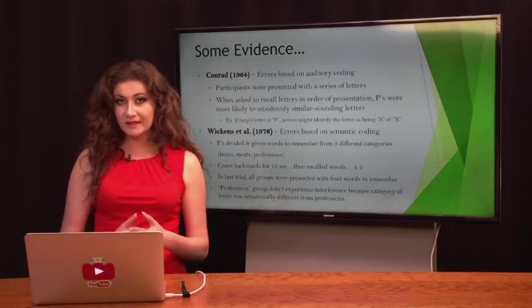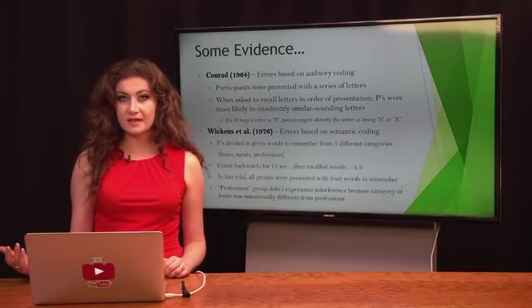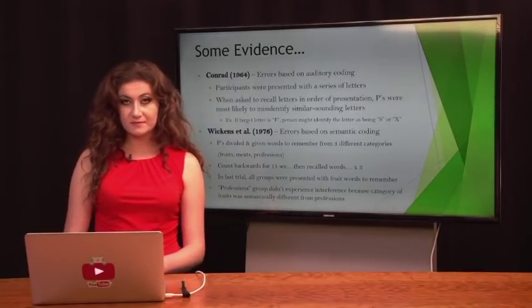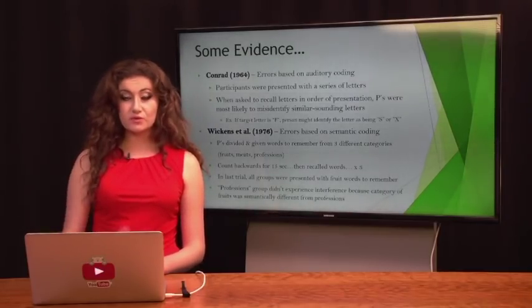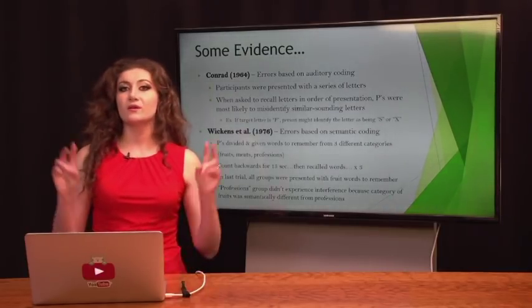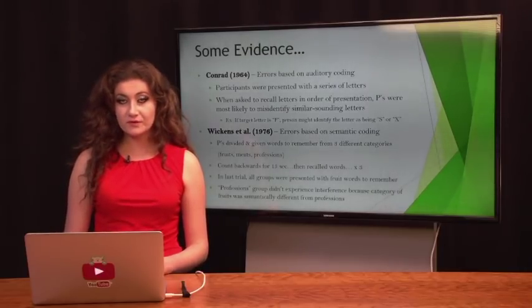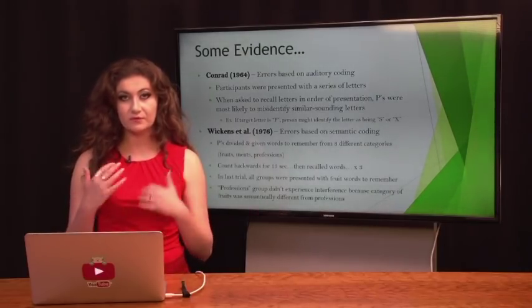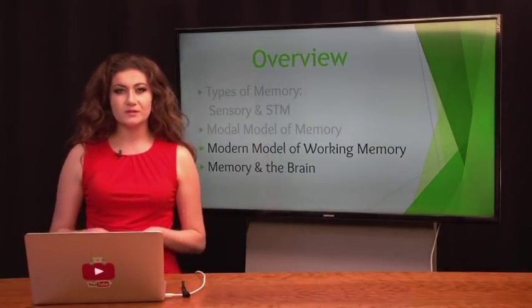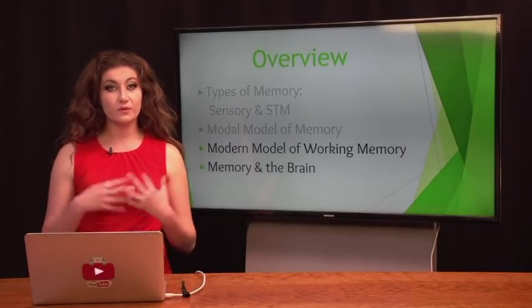So they were more likely to make errors in the words that they actually saw. But people in the professions category that received no such words were much more able to successfully complete this task. And this just goes to show that even when we're trying to memorize a list of words without a lot of controlled processing, the semantic meaning of those words really plays a role in which information gets through and which one gets lost.